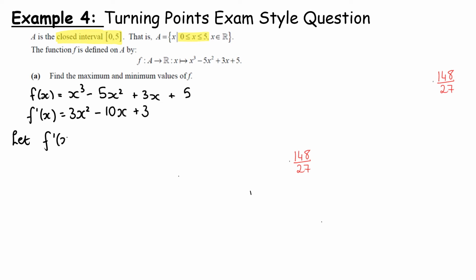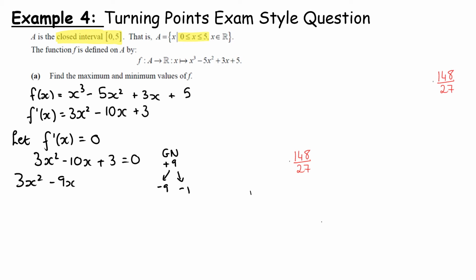So remember, it's where slope equals 0. So we have 3x squared minus 10x plus 3 equals 0, using the quadratic formula. But if you prefer, you could actually use your minus b here. No issue at all. 3x squared minus 9x minus 1x plus 3 equals 0.